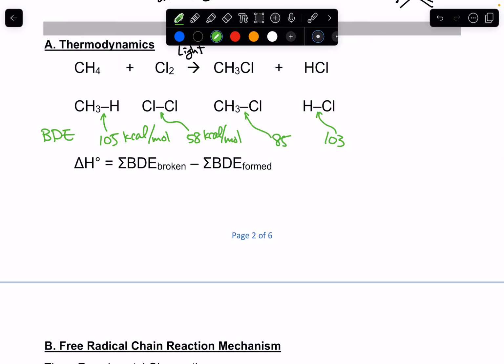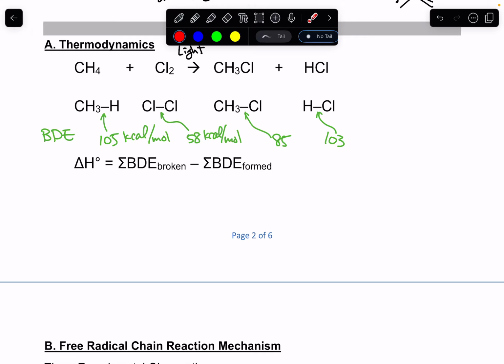And then to calculate the delta H of this, you could just sum up all the dissociation energies, or BDEs, of the bonds that are broken in the reaction. Namely, this bond is broken, and then this bond is broken, this bond is formed, this bond is formed, and then you subtract the sum of all the BDE energies of the formed bonds.